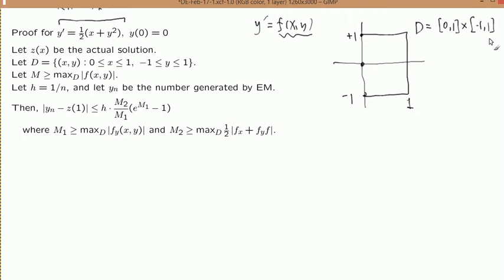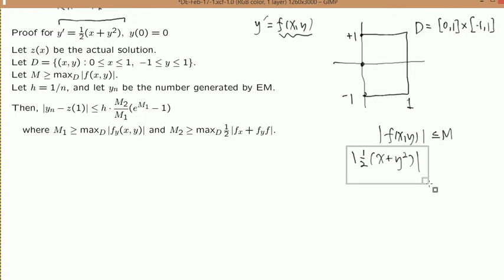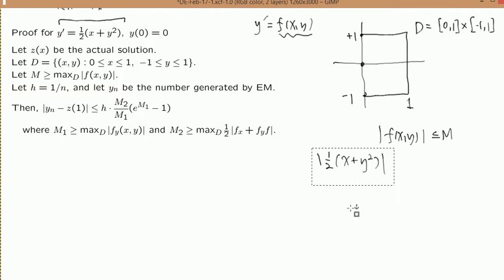By setting up nicely like this, because it's a continuous function, if I choose points randomly inside, surely there's a maximum value in there, so I can call that one M. Here it is extra specific: it's 1/2 times (x plus y) squared, so I can control things. This is called the triangle inequality, but it is quite a common sense thing.